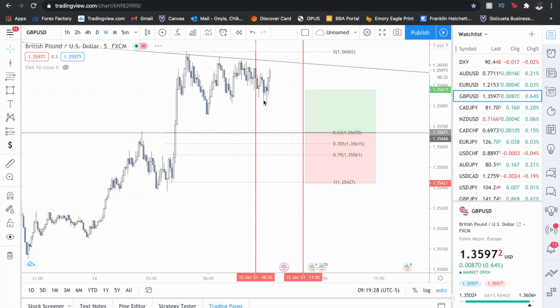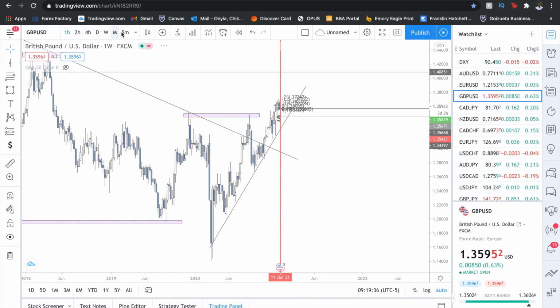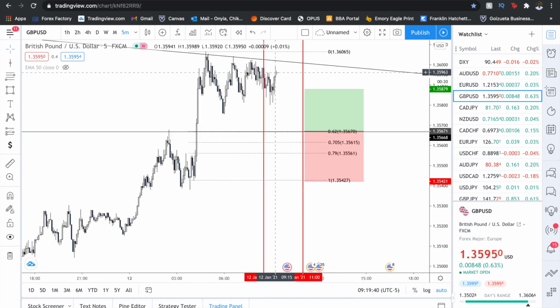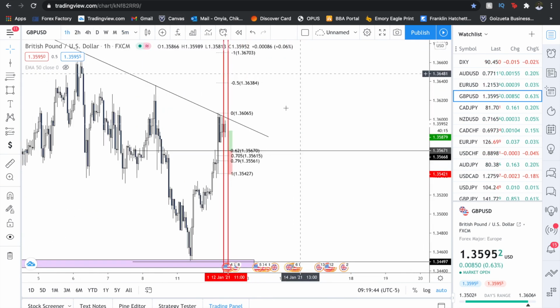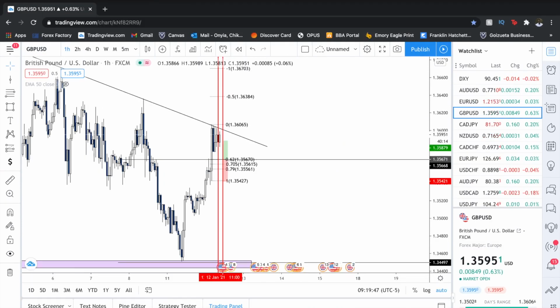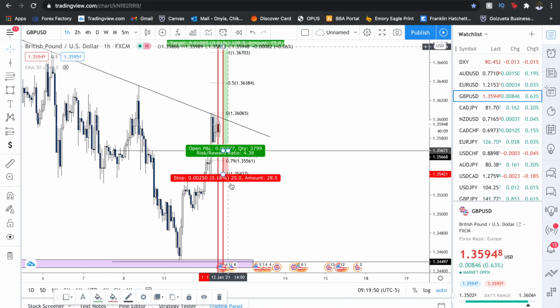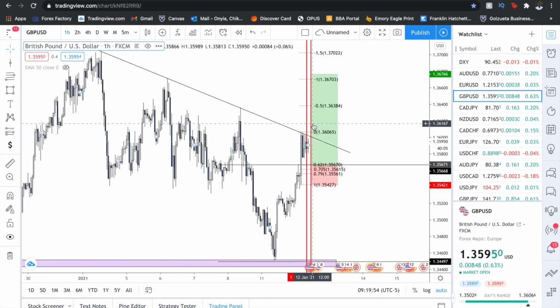Let's go back into the weekly. This institutional candle up here is the long-term target. So there's no reason why this -2 shouldn't get hit. It's only if there's a lot of volatility that maybe it spikes back down. But I would hold this for a long time, probably the next day or two. So you're going to set your take profit all the way to the -2.